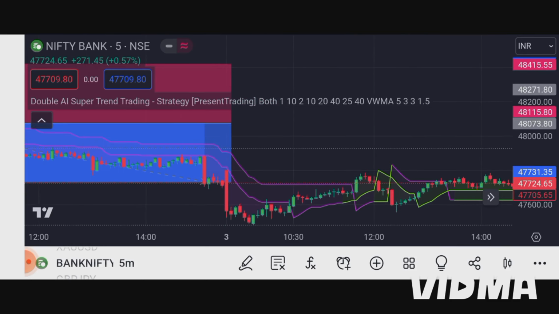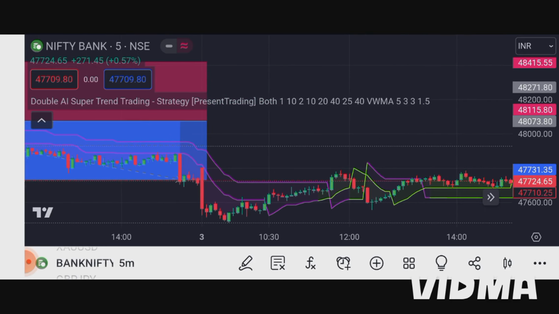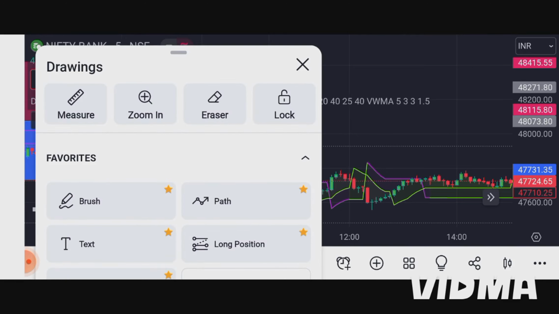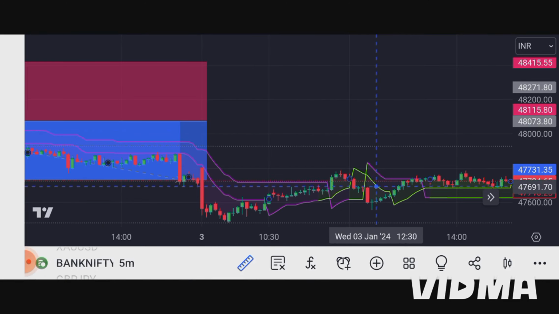We wait for the color to change, because the price came below both Super Trend lines, but one is green and one is purple, so there is no confirmation. We do not go for a sell or buy trade. We wait for either the green line to change to purple, or the purple line to change to green.